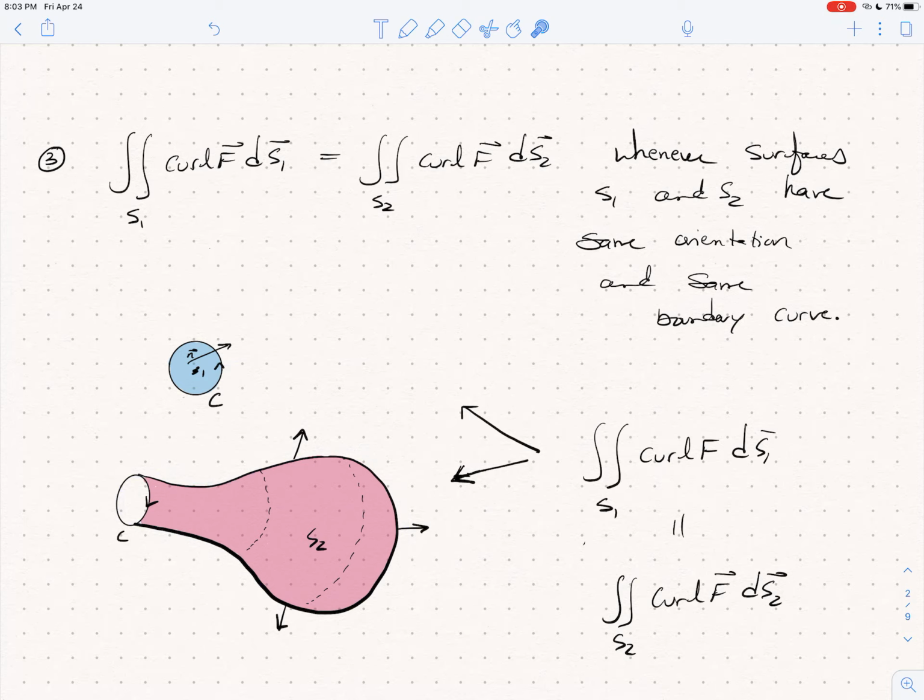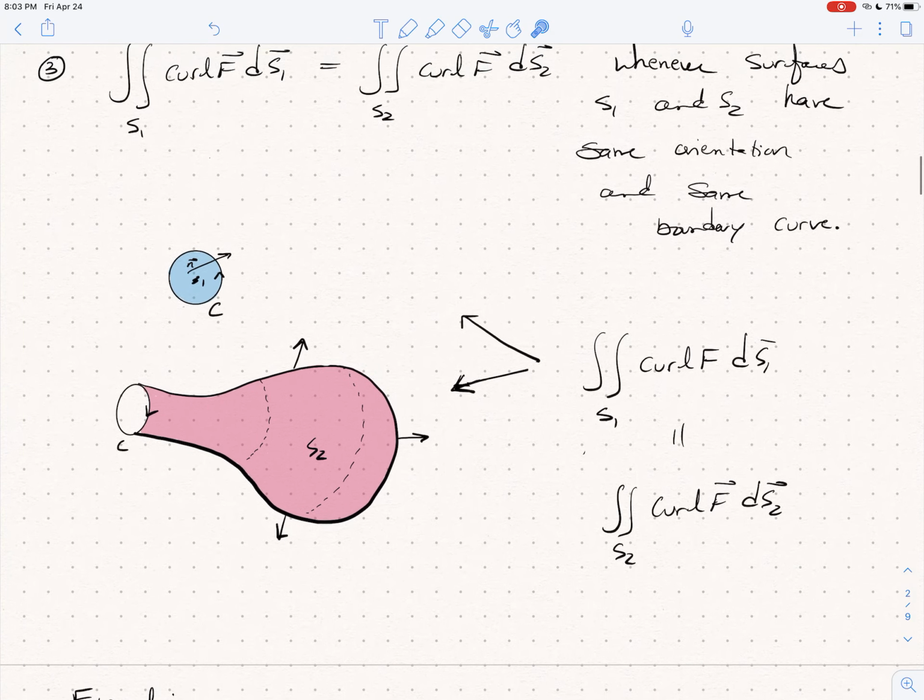And yet the surface integral of the curl of F over the big surface collapses to the line integral of F around the boundary curve, and the surface integral of the curl of F over this little blue surface collapses down to the line integral of F along the boundary curve, and those are the same. So these surface integrals are the same over these very different surfaces, and we'll see a little bit more of that as we go along.